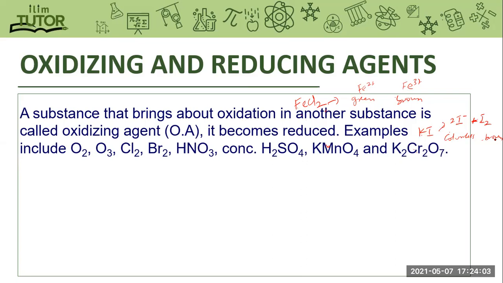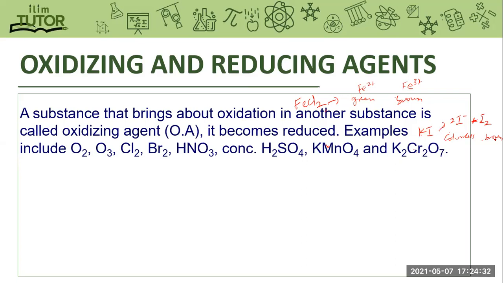If you react an oxidizing agent with potassium iodide, from colorless to brown. But what is actually happening there is that iron 2 plus is turned to iron 3 plus, and iodide is turning to iodine. Then also, you can use starch iodide paper. In that case, you expect a change from white to blue or dark blue.